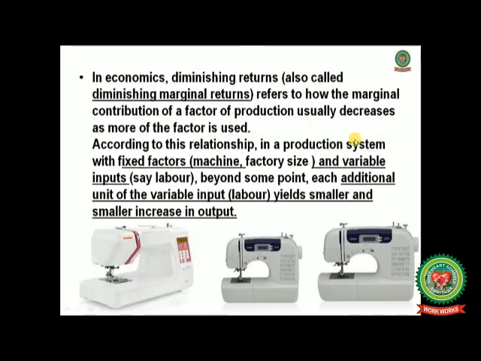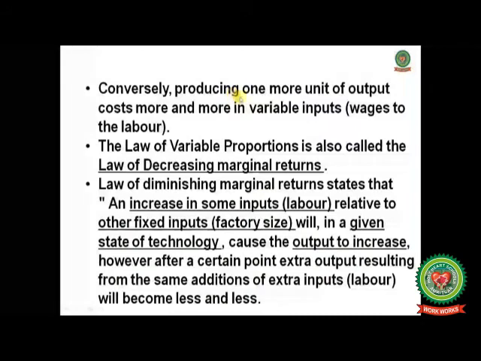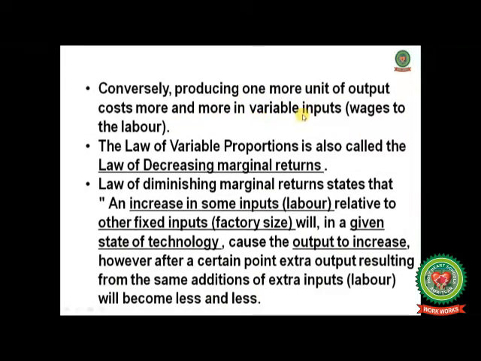According to this relationship in a production system, with fixed factors, that is machine and factory size, and variable inputs, say labor and raw material, beyond some point each additional unit of the variable input, that is labor, yields a smaller and smaller increase in output. So producing one more unit of output costs more and more in variable input, that is wages to the labor.